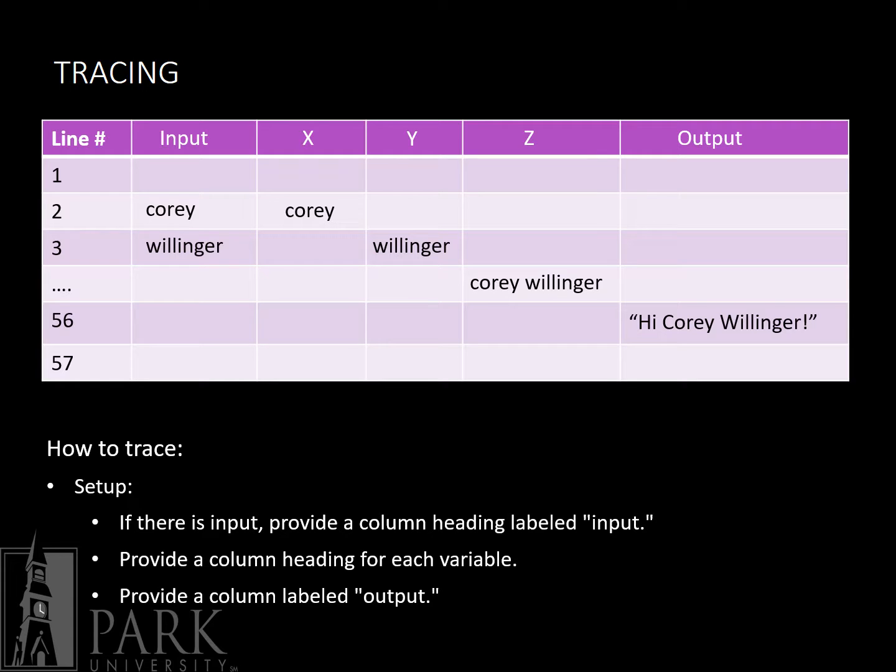Line 2, asks the user for their name and stores it in X. Line 3, and then if it loops, you would go line 2, line 3, line 2, line 3, and those would keep repeating in the rows of the table. And so this is how you would use program tracing to go through your program step by step and see what is actually going on.